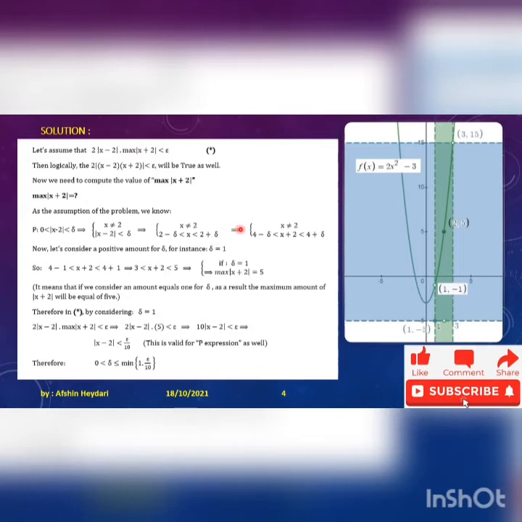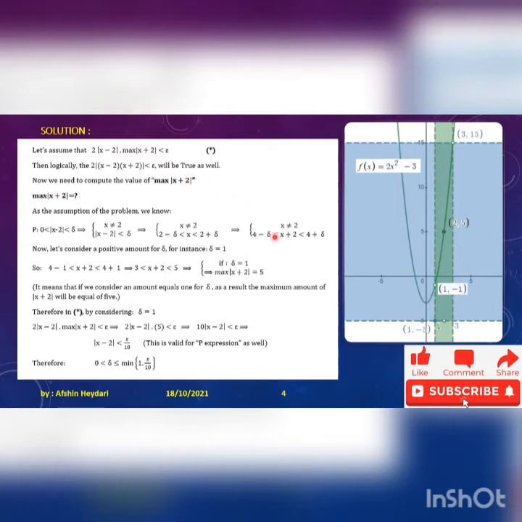And as a result, we have this. We should add 2 to all sides. Why? Because we want to compute the value of the maximum of the absolute value of x plus 2.